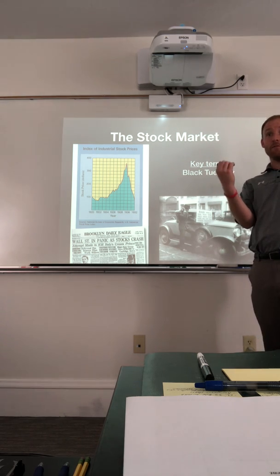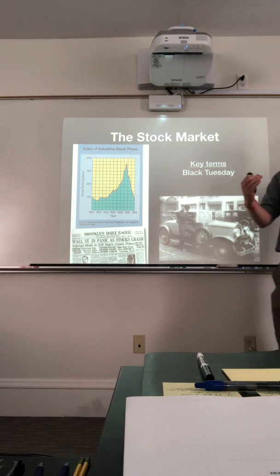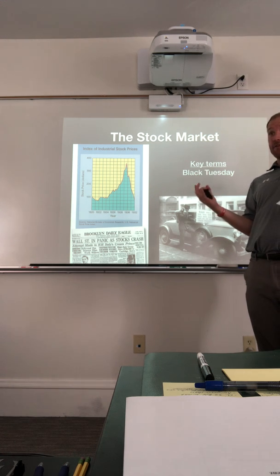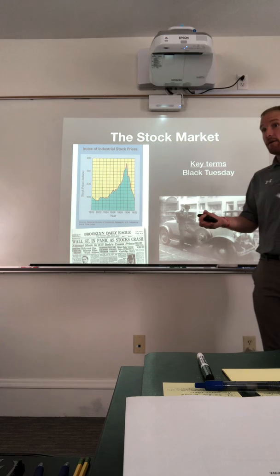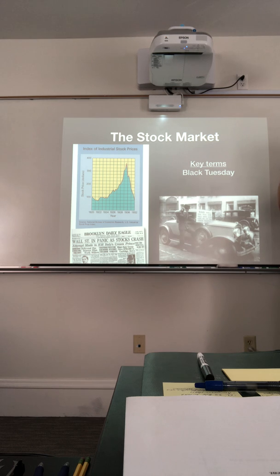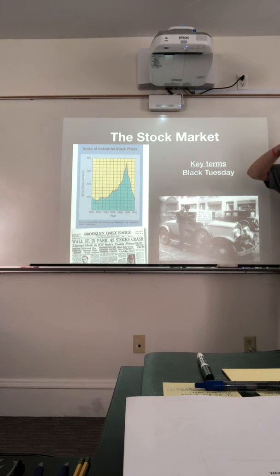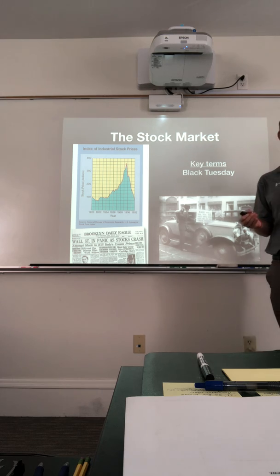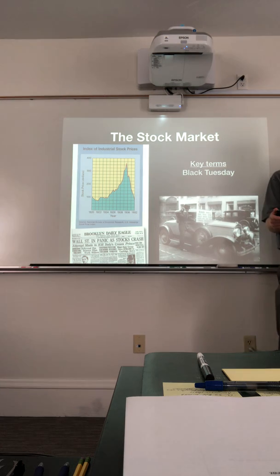Prices started going down, so people said, okay, I'm going to go ahead and sell. Now, if people start selling off their stocks in large numbers, what's going to happen to the prices? They're going to continue to go down, right? Buying and selling stock happens every day. Some people buy, some people sell. But in October of 1929, the prices start to dip down, and the problem was panic set in. People said, I need to sell now so I can make as much money as possible.